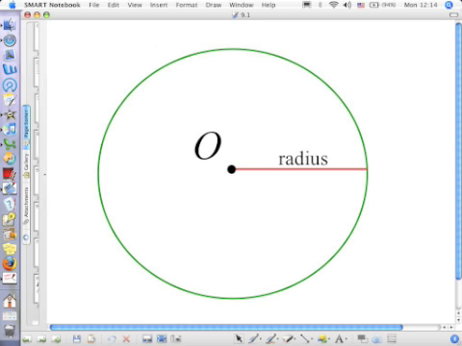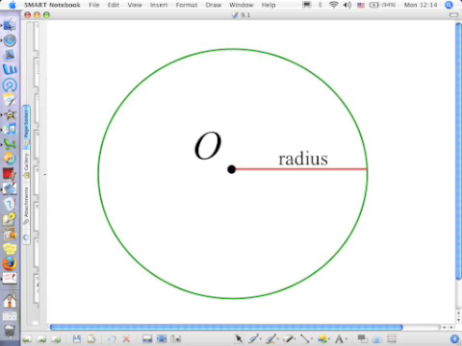In circle O, a radius would be a line segment that goes from the center of the circle to the circle itself. Now, this is only one radius that's drawn. You need to know there are an unlimited number of radii in a circle, and they all have the same measure.